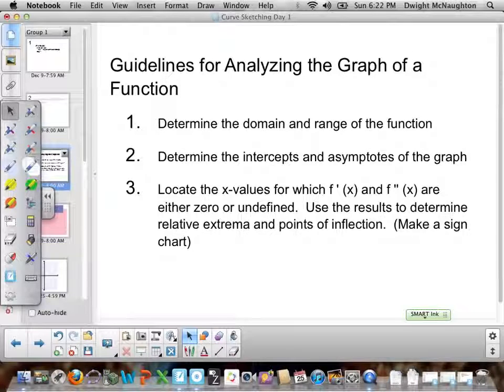Now, for the AP exam, when you do it in May, most of the time they're going to build this sign chart for you, because it can get some pretty hefty algebra for building this sign chart. So I have built the sign charts for you when we do this, and we'll evaluate them.